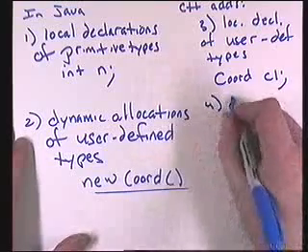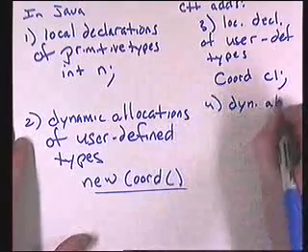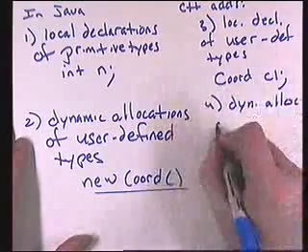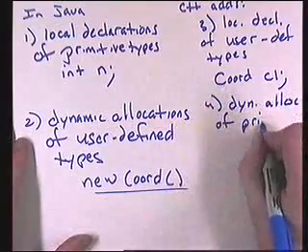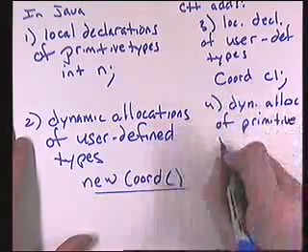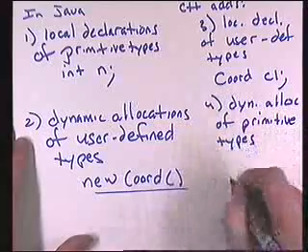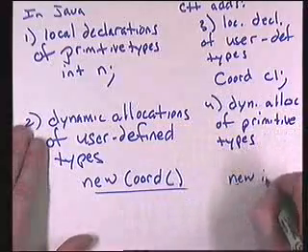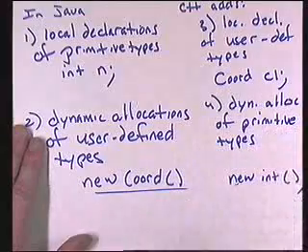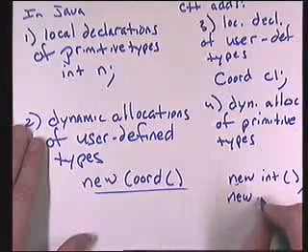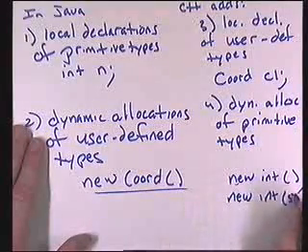80 minutes or so. C++ also adds the ability to do dynamic allocations of primitive types. So for example, we could say new int in C++, or we could say new int and initialize it with some value.